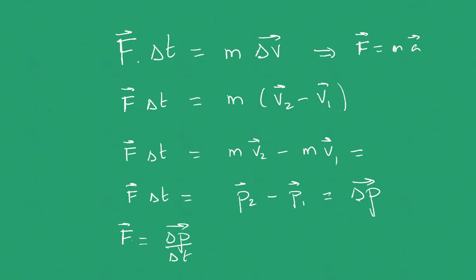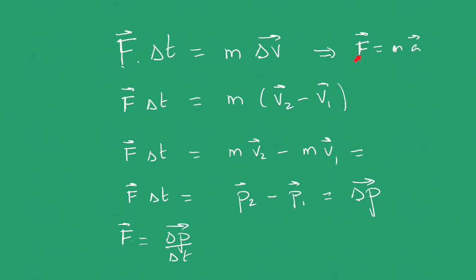Please see this equation again. The force acting during the time delta t produces a change in the velocity, m by delta v. From here, dividing by delta t, I can obtain the equation that the vector force is the mass by the acceleration. It's important to notice that m is a scalar.